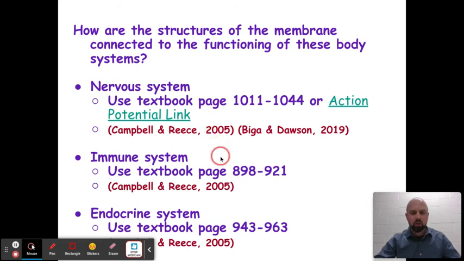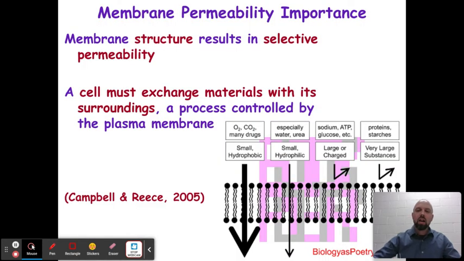So I have 2 groups doing the nervous system, 2 on the immune system, and 2 on the endocrine system, trying to help them just make connections, so they don't have to go through that whole chapter. What they're trying to do here is make connections to that cell membrane, and how that cell membrane is really important to the functioning of these particular body systems.